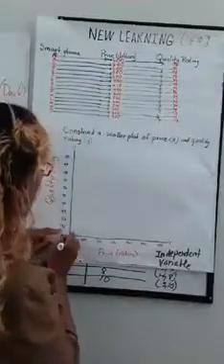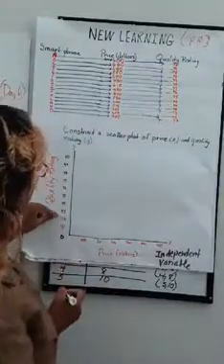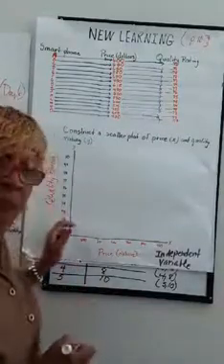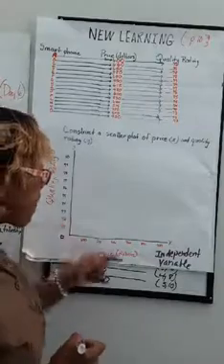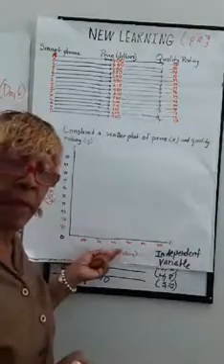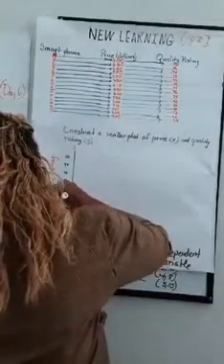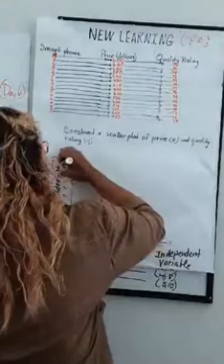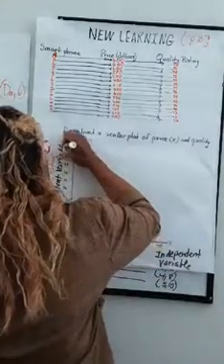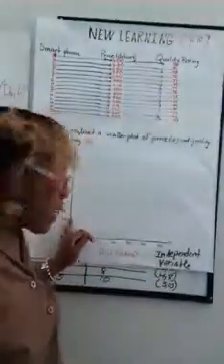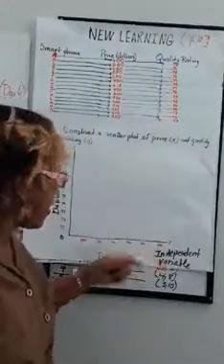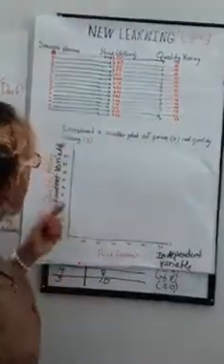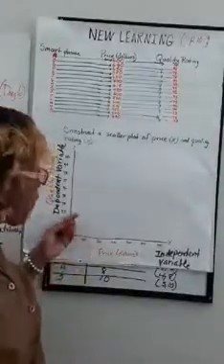So the quality rating is your dependent variable, because the quality depends upon the price of it. This is called your dependent variable. It can't stand alone. The quality of it depends upon the price of it.